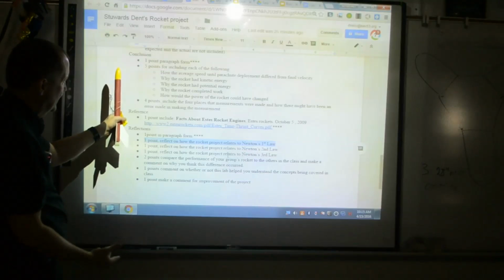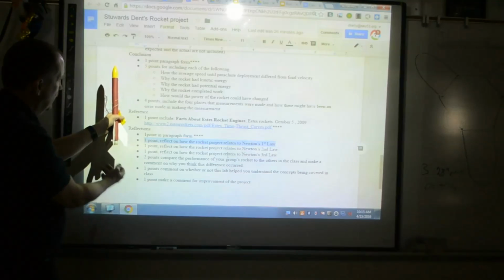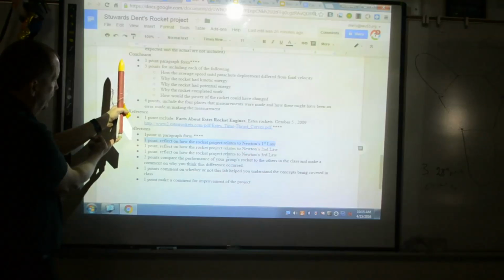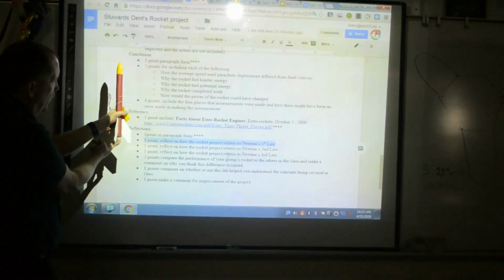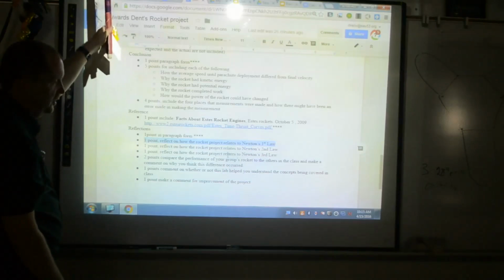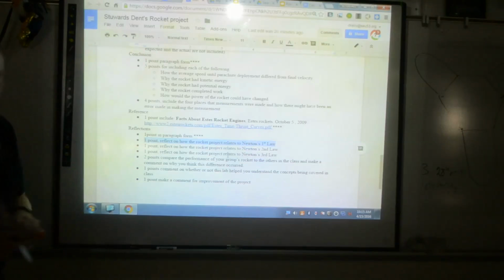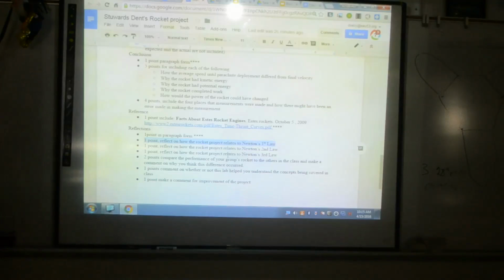So it does not change its motion until a force acts on it, and then when you have the rocket engine ignited, a force acts on it, and it very quickly changes its state of motion. So there is how it relates to the first law.